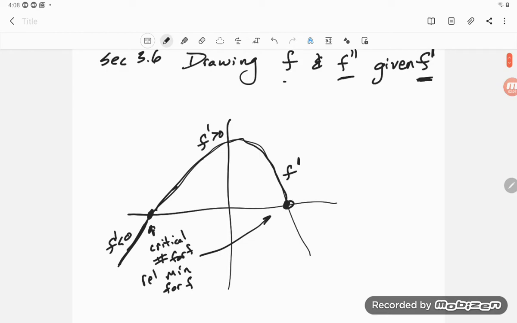And then at the critical number on the right, the derivative was positive, so the function was increasing, and then negative, so the function is decreasing. So that's a relative max for f.